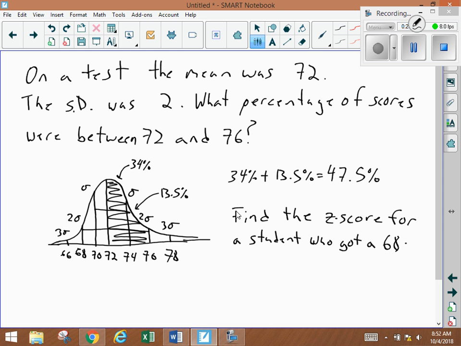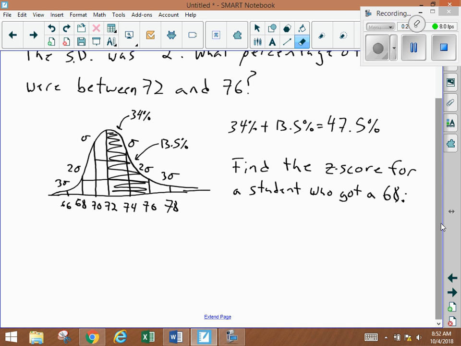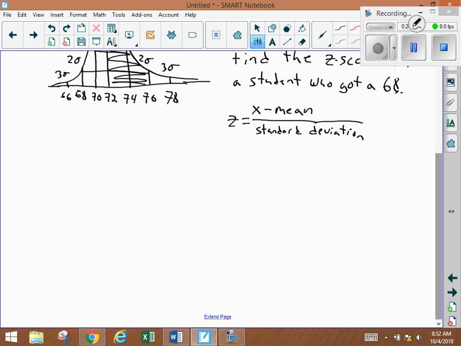So we're going to use our formula. It tells us that z is equal to x minus your mean divided by your standard deviation. We're just going to plug in the information that we have.